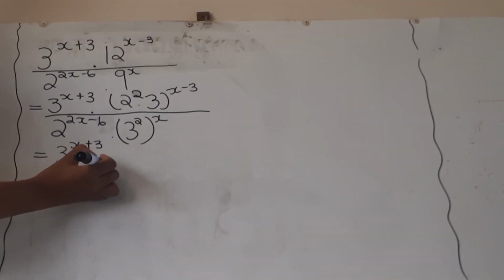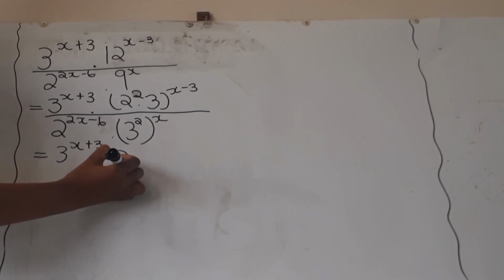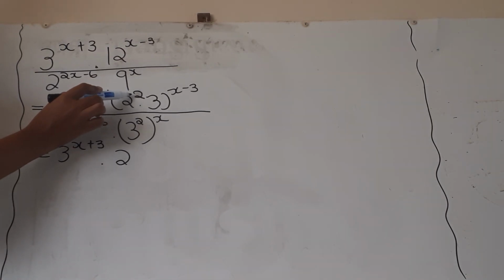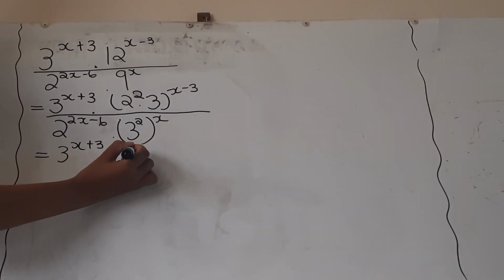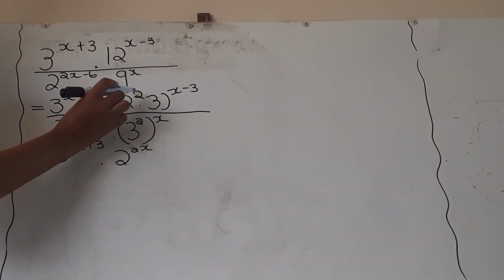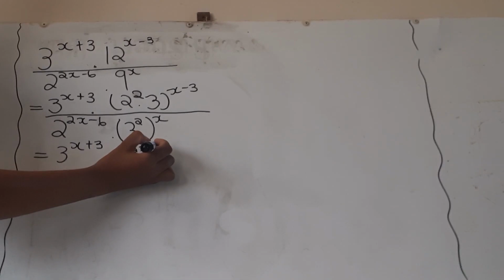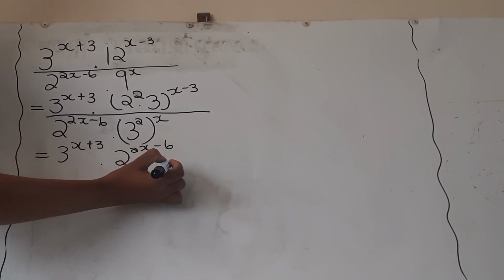So this 2 will multiply with this whole expression. 2 times x will be 2x, and 2 times negative 3 will be minus 6.